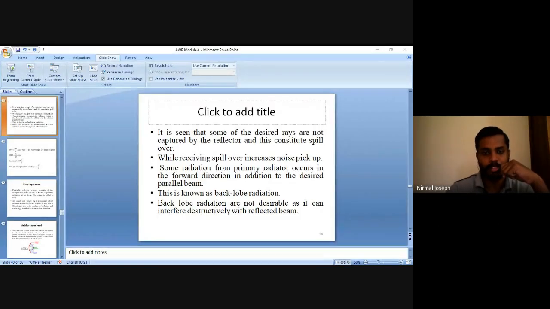So if they are interfering with the reflected waves, what will happen? There will be a phase difference between the waves. This phase difference can interfere destructively. What will be the result of destructive interference?